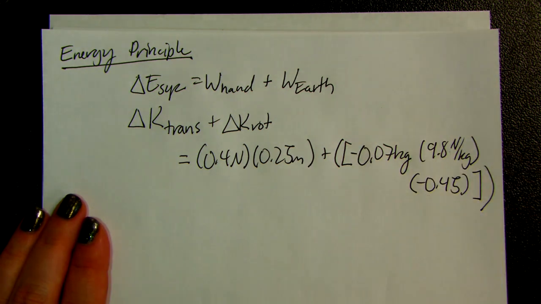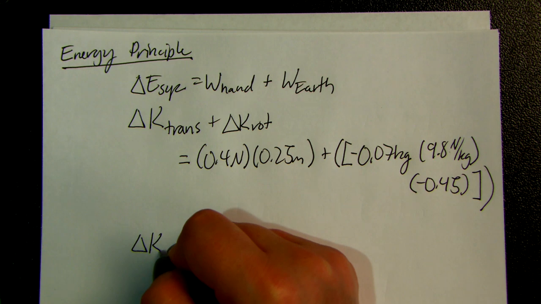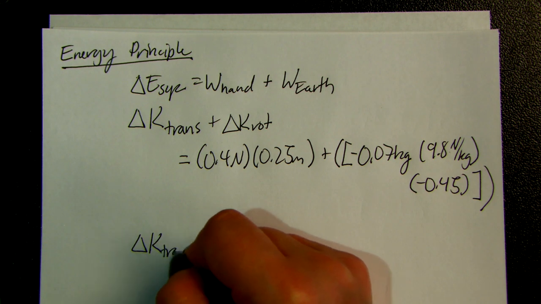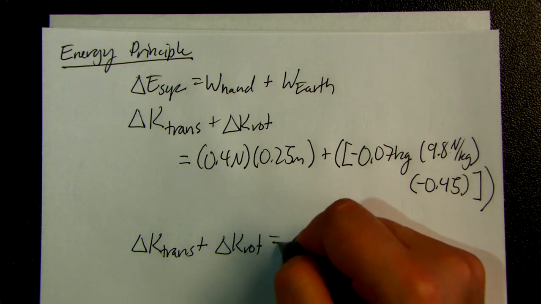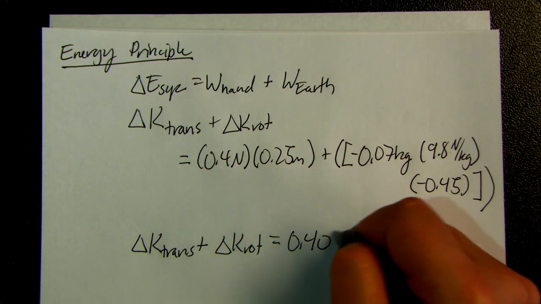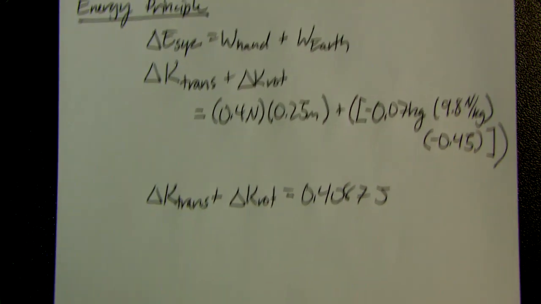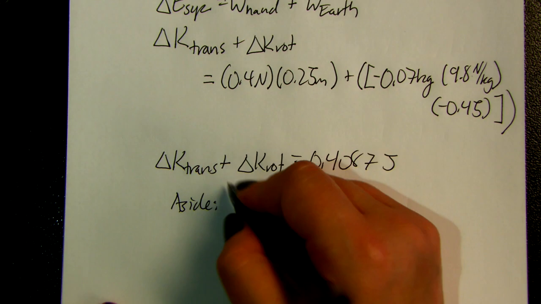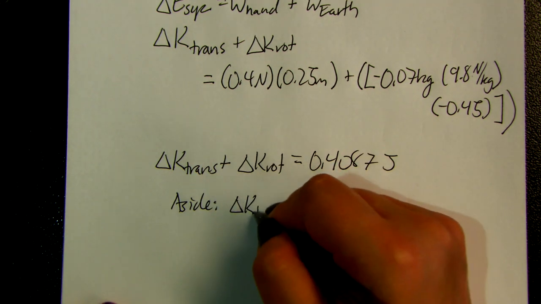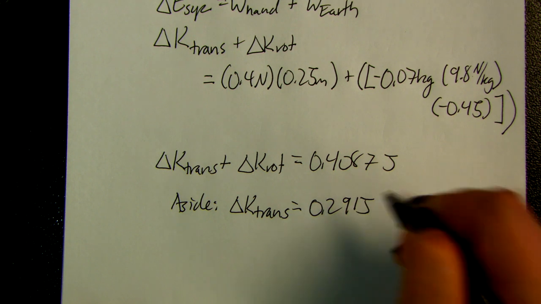And so what we have is that delta K translational plus delta K rotational is equal to 0.4087 joules.